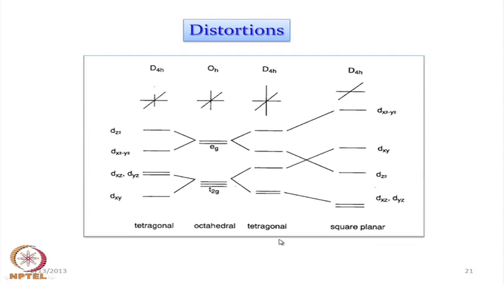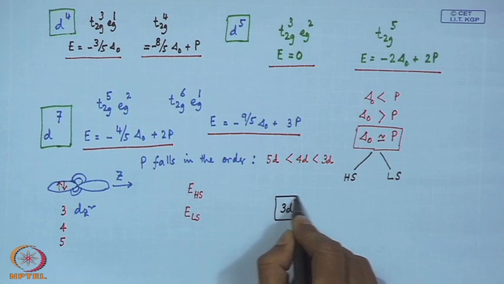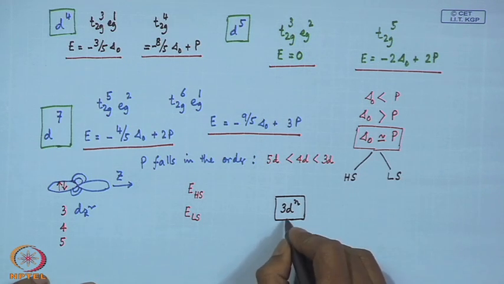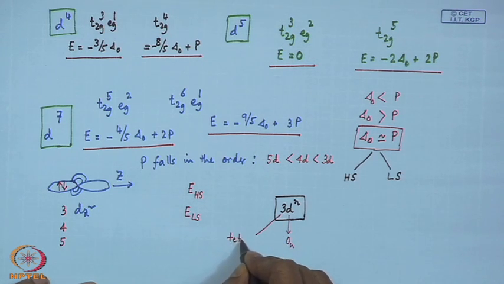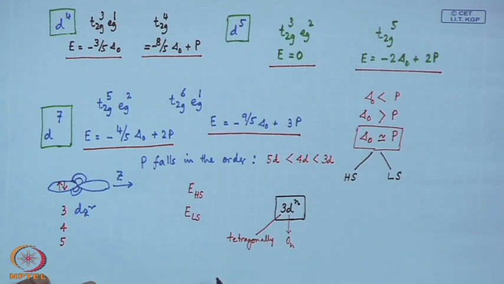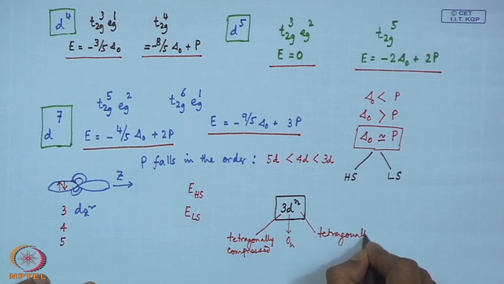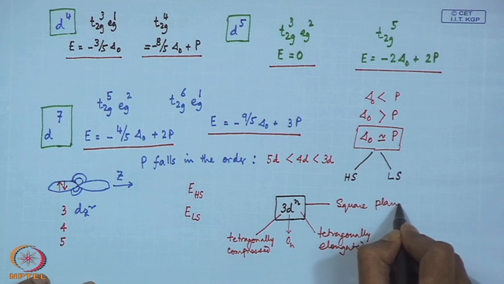So, these are the relative orderings. If we have a typical electronic configuration, say d n, we should be able to write the corresponding electronic configuration quickly if we have an octahedral geometry, or a tetragonally compressed, or tetragonally elongated, or square planar geometry.